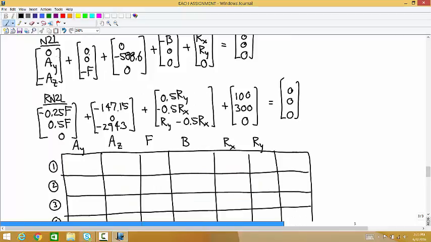So in the first equation, we have B's, we have -1, Rx's, we have 1, and everything else is 0. I'm going to just leave all the zeros blank. For the second equation, Ay's, we have 1. Ry's, we have 1. And the constant, move it over to the other side, and you get positive 588.6.